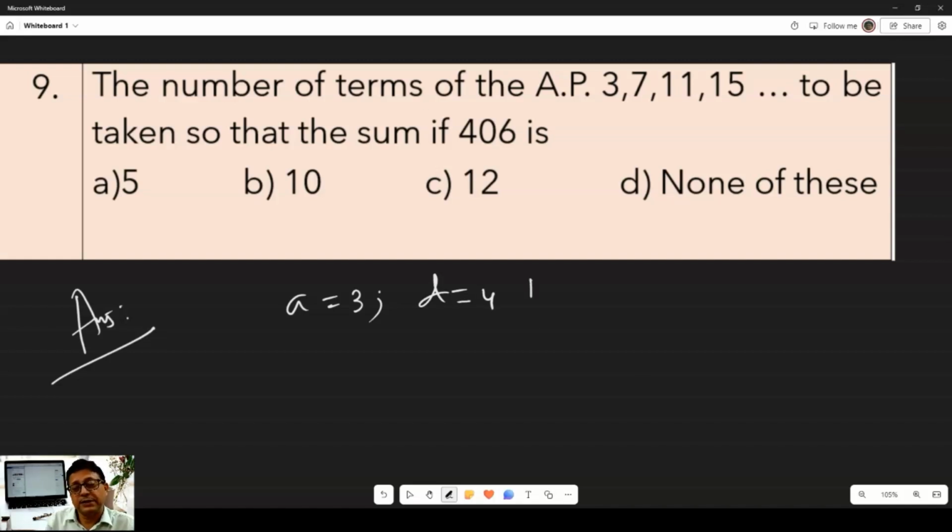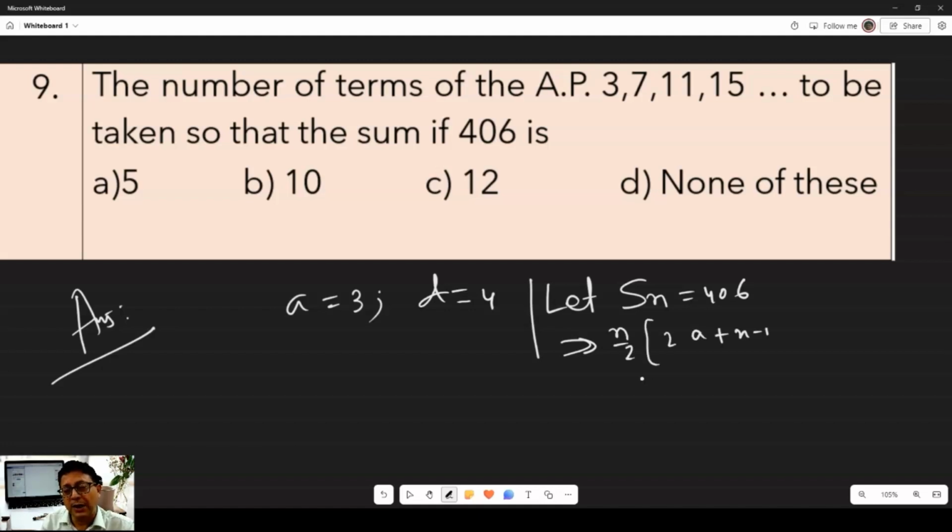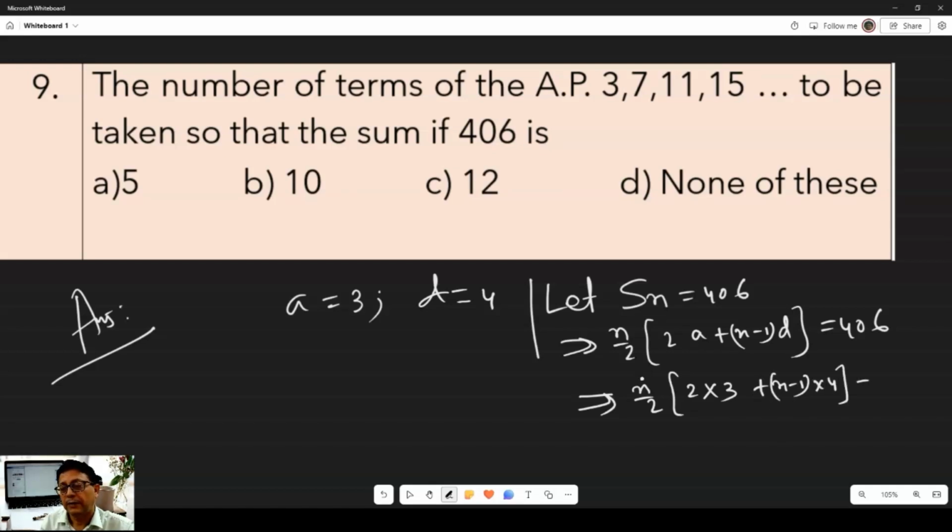The sum is 406. To find the number of terms, let Sn equal 406. So n by 2 into twice a plus n minus 1 into d equals 406. What will you get? Twice a plus n minus 1 into d, equal to 406, isn't it?